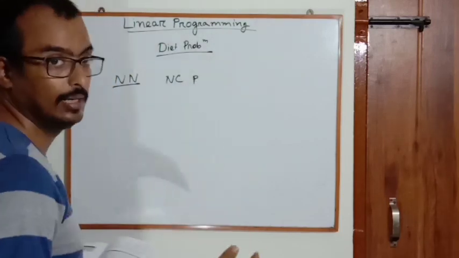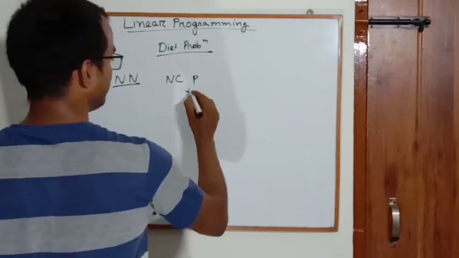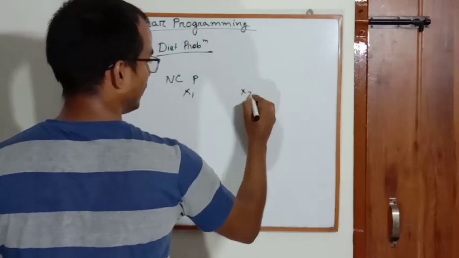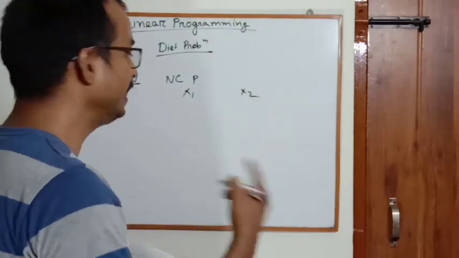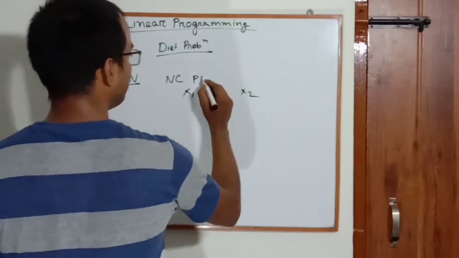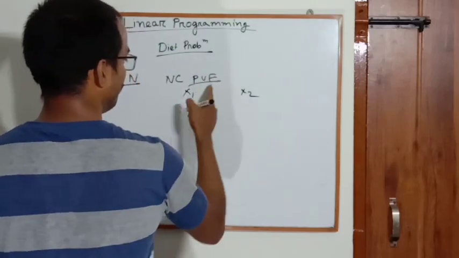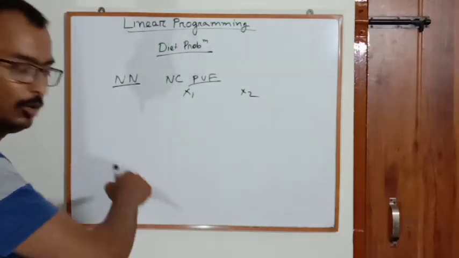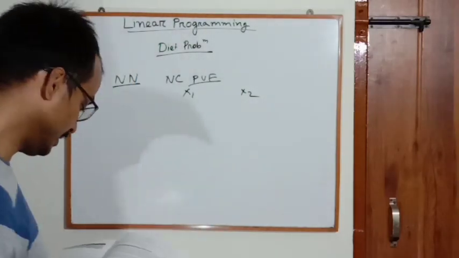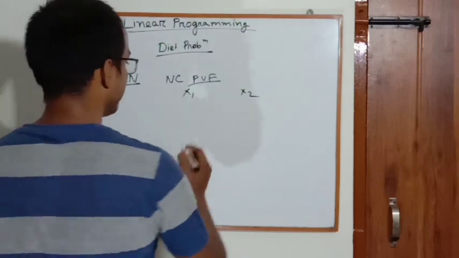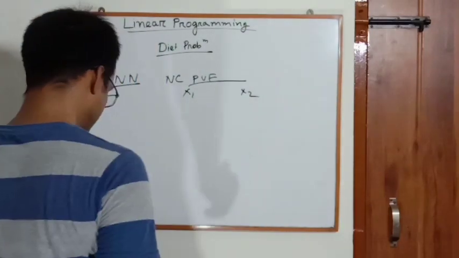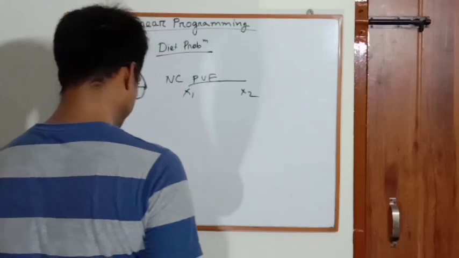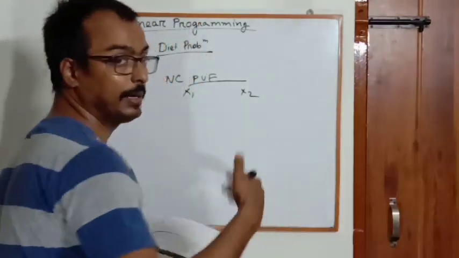If it is roti, it's x1 and this is x2. So if x1 is roti, per one roti, how much nutrients does it have? We'll be writing the nutrients here, don't worry. X1 and x2, and maximum daily requirement that will be fixed by doctors.